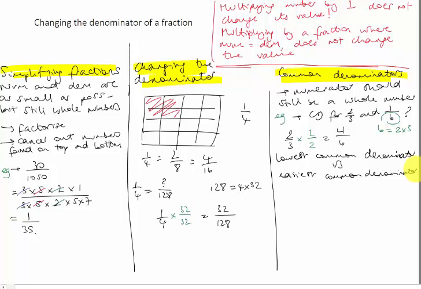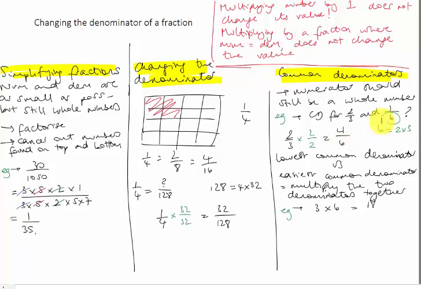You simply multiply the two denominators together. So in this example of our 2/3 and 1/6, you would multiply 3 times 6, so 18 would be our common denominator.